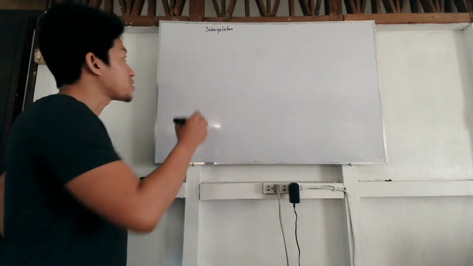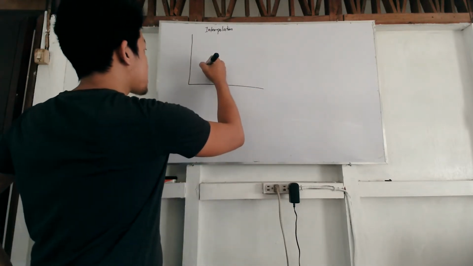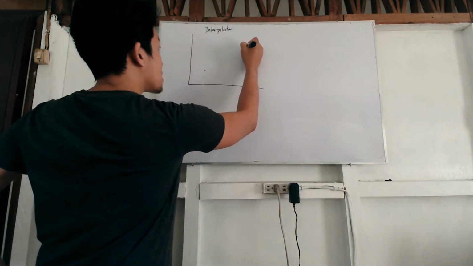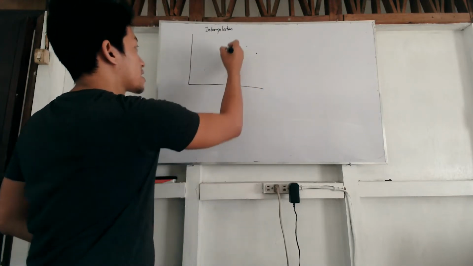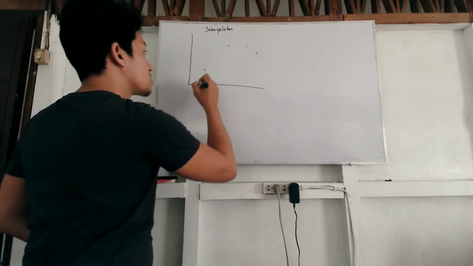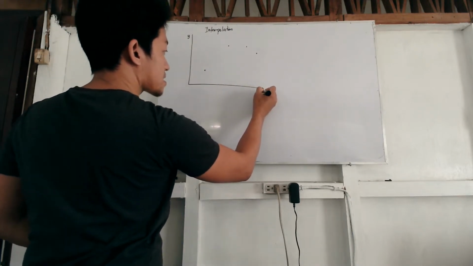So say for example, you have these data points. This is y, this is x.